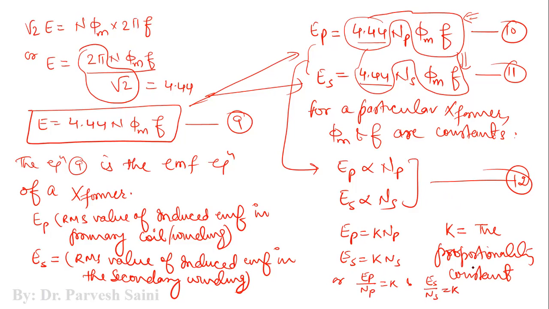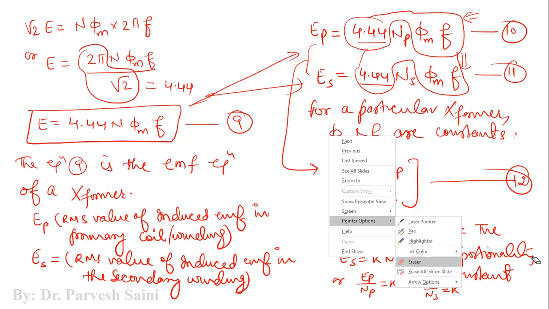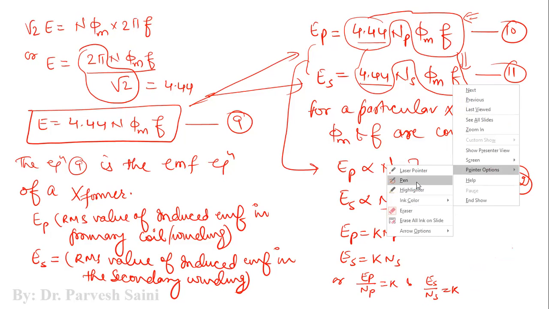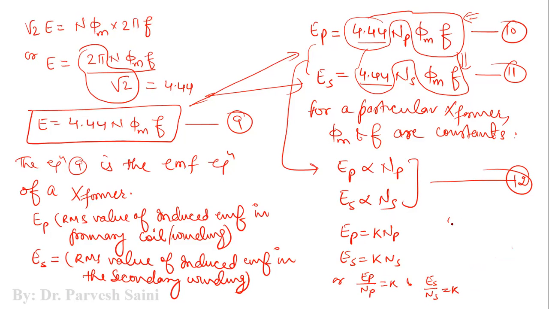So we can also write it like this: EP by NP is equal to ES by NS is equal to K, right?